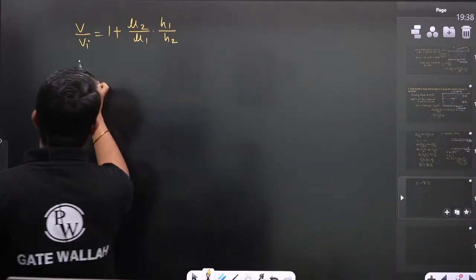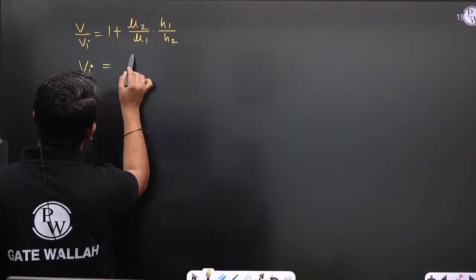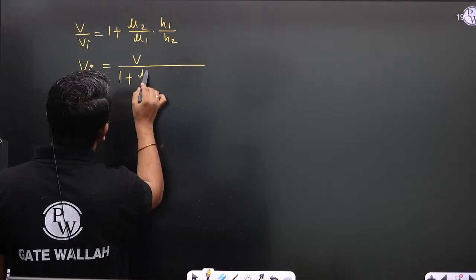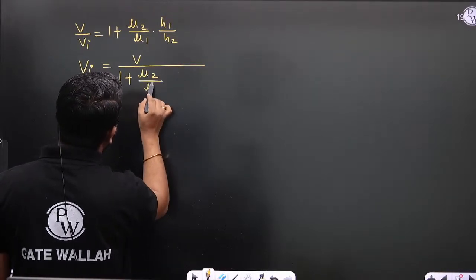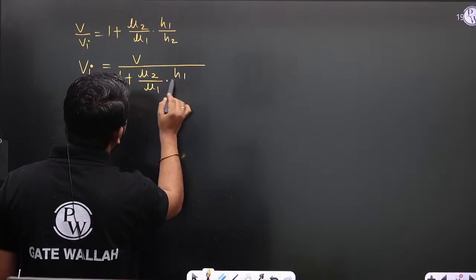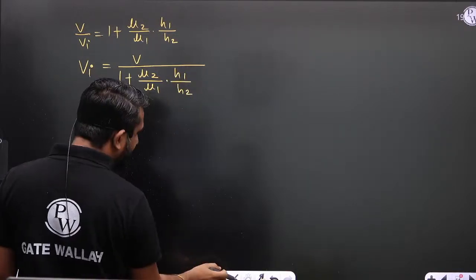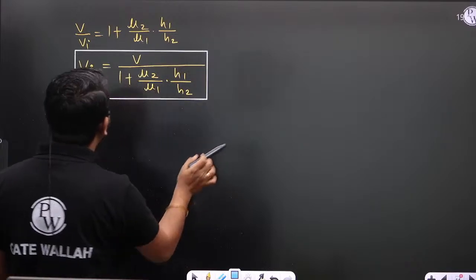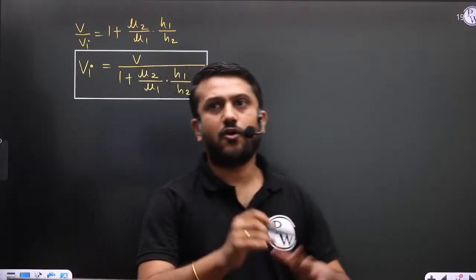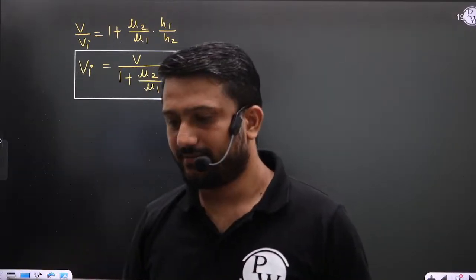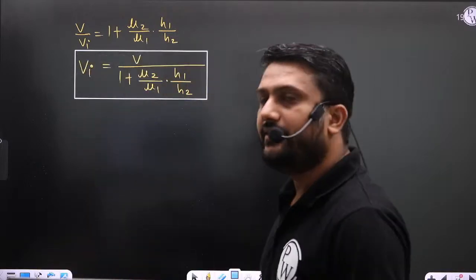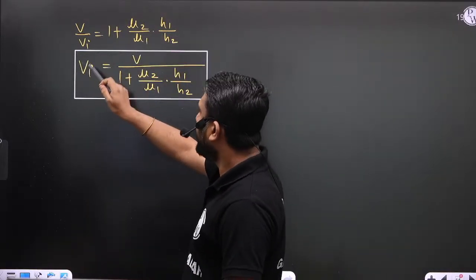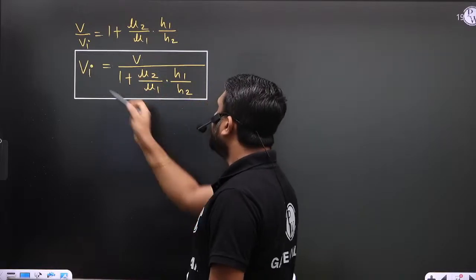And what is the Vi now? So Vi is equal to V upon 1 plus mu2 by mu1 into H1 by H2. So this is the interface layer velocity, your interface velocity in terms of all the known variables.